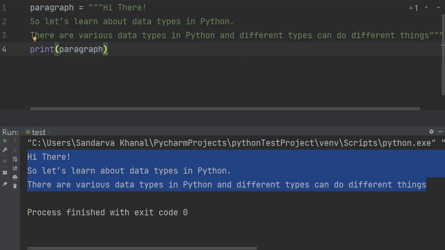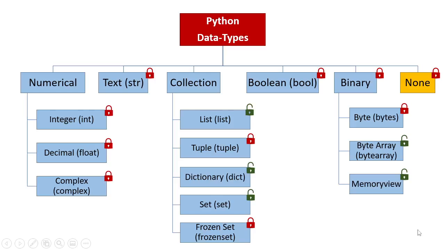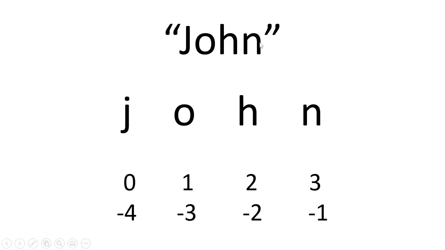Another concept I would like to provide is indexing in strings. So indexing in a string, when we say John, it actually is broken down into individual characters, and the first character in the string will always be indexed 0 and increment by 1 each time.